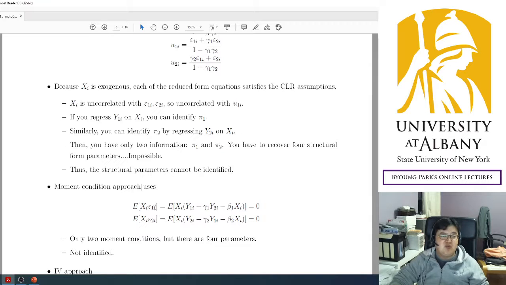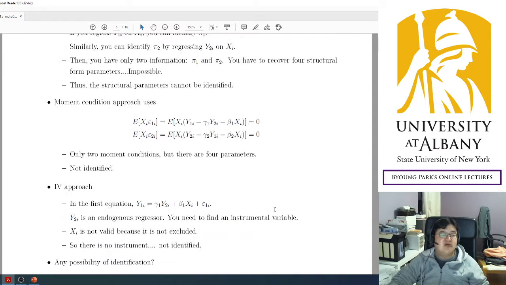So simply remember, the moment conditions we have are the exogeneity of x, which means uncorrelatedness between x and epsilon 1 and between x and epsilon 2. So two moment conditions, and replace epsilon 1 with observed variables and the parameters. Then you have two moment conditions. But already it's obvious that you only have two equations and 4 parameters. End of the story. There is nothing you can do.